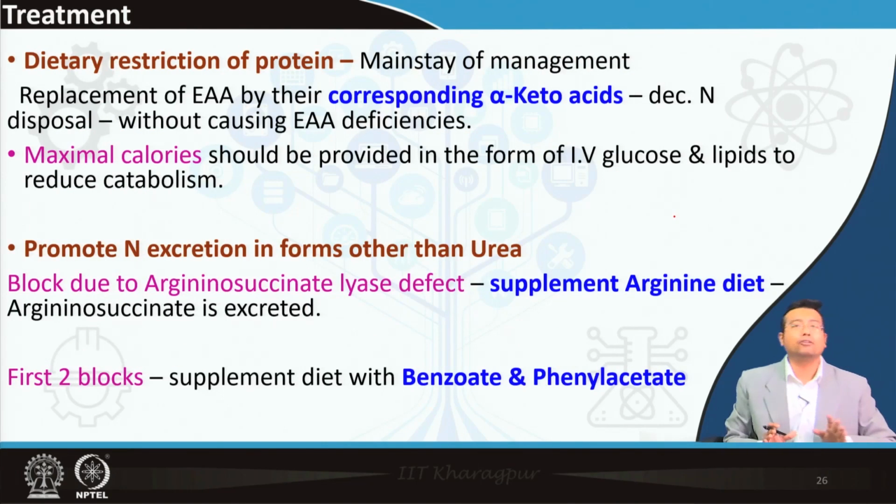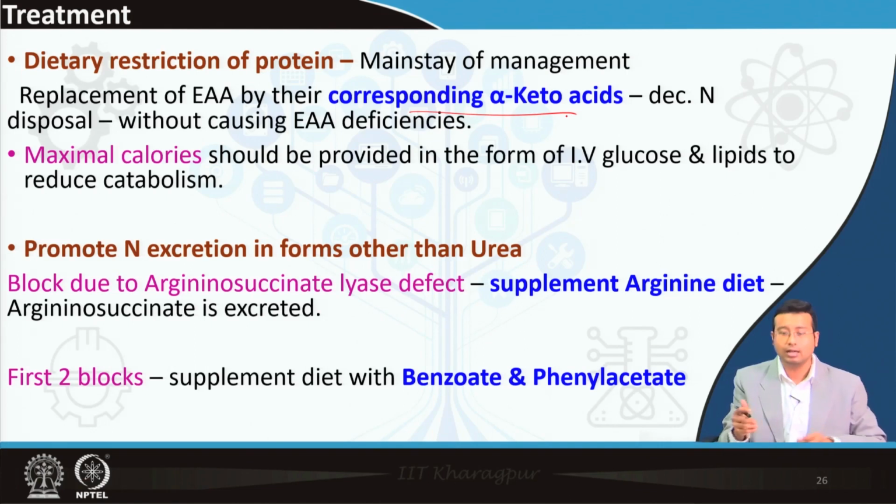So, how can we treat these urea cycle disorders? Mainly we restrict protein, with a protein free or low protein diet, but we need to make sure the essential amino acid requirements are not compromised. How? We provide the corresponding keto acid in the diet, because amino acids are converted to keto acids by transamination, and maximum calories are given by intravenous glucose and lipids, right.